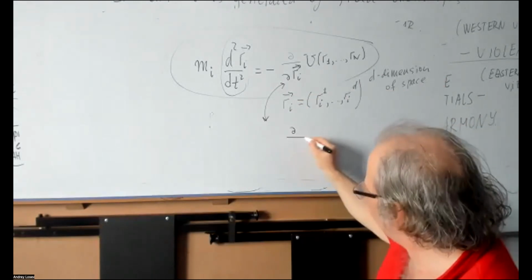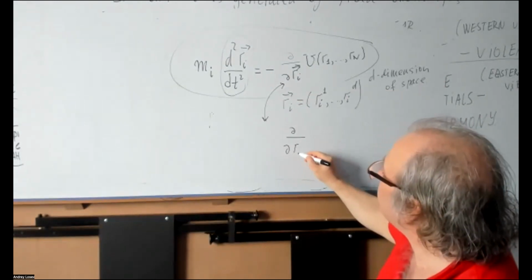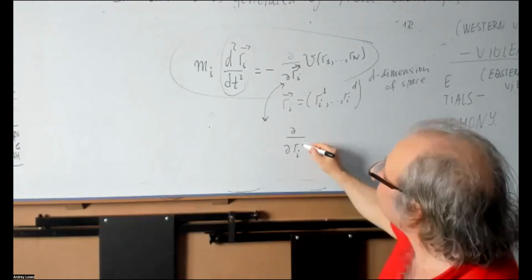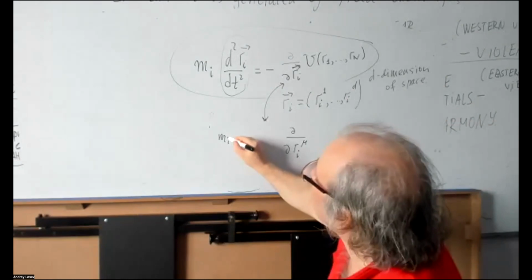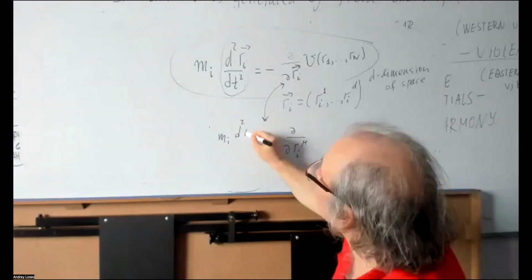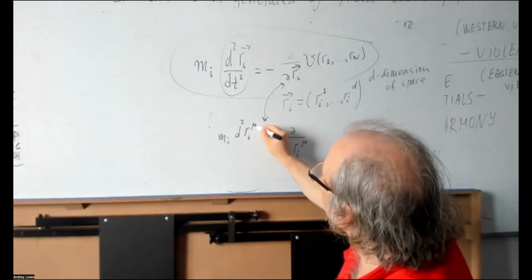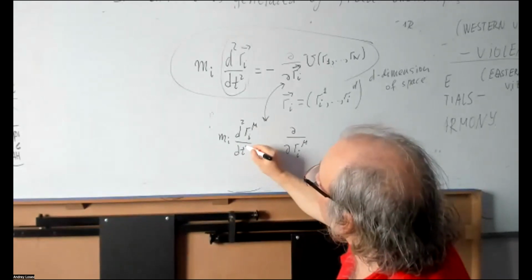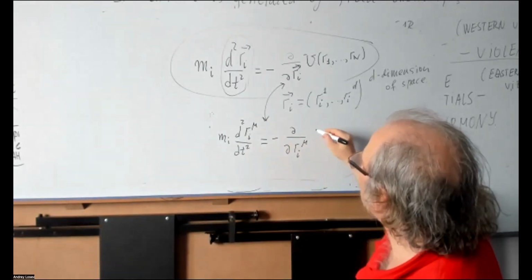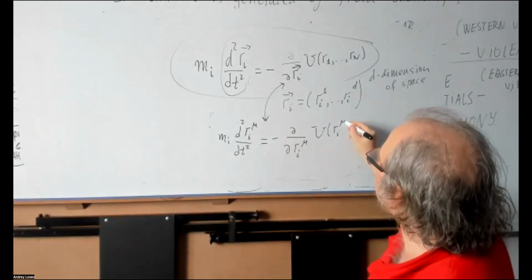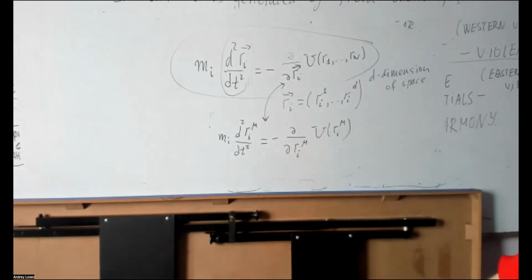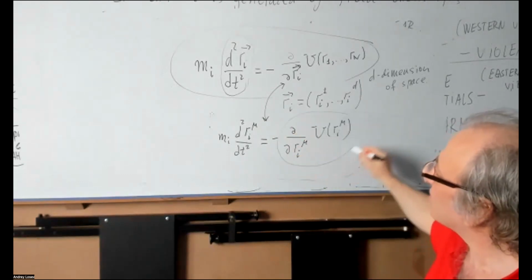This symbol means partial derivative with respect to r_i. Let me call this index mu. So let me write everything in components. So here we have this equation. So you need to understand what partial derivative is.